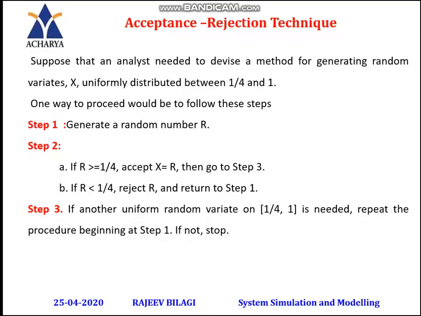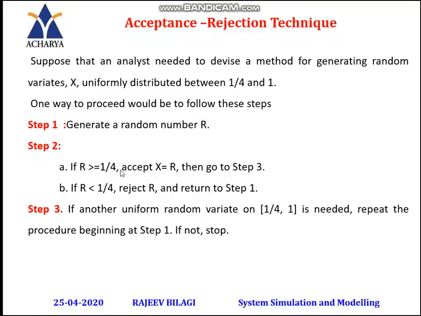Step 1: generate a random number r. If that random number is greater than 1 by 4, you accept it and go to step 3. If the random number r is less than 1 by 4, you reject it and return to step 1.